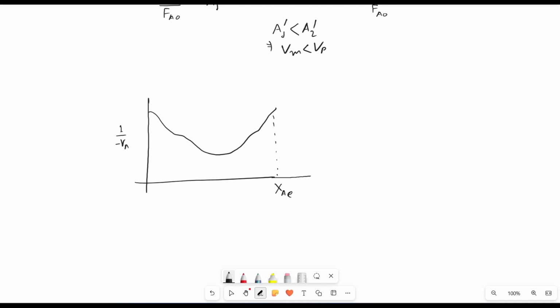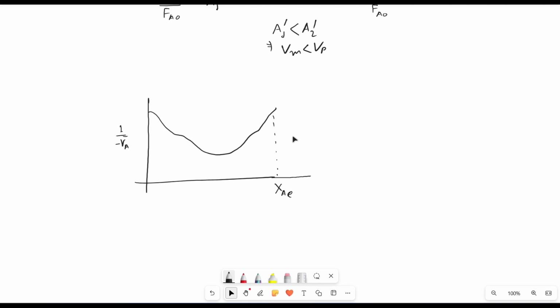Now, to get the minimum total volume of the reactors, if you use a single mixed flow reactor, then this entire rectangular area will be huge. If you use plug flow, then this area seems to be less than mixed flow, but still large.